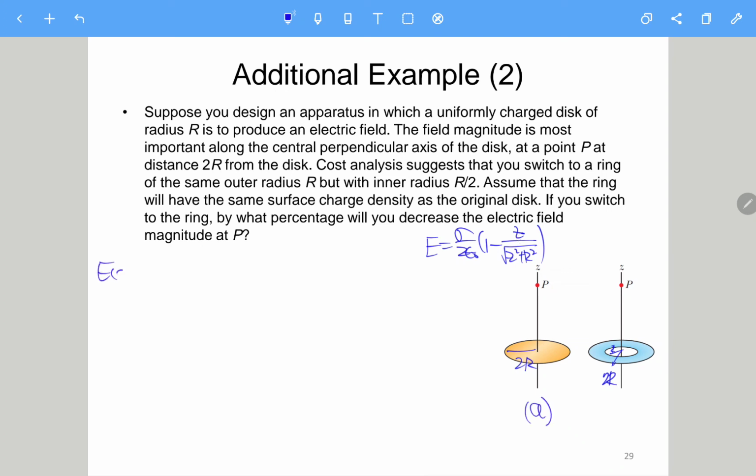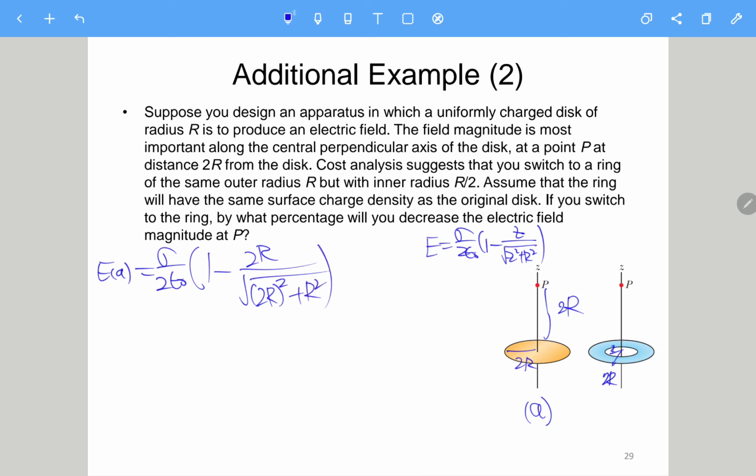So EA will be sigma over 2 epsilon naught times 1 minus z, which is 2r, over the square root of 2r quantity squared plus r squared.